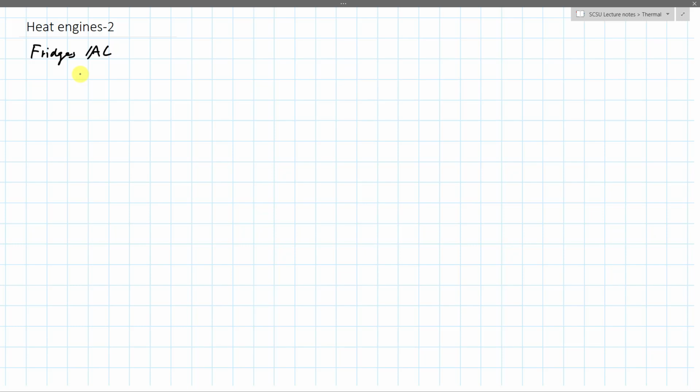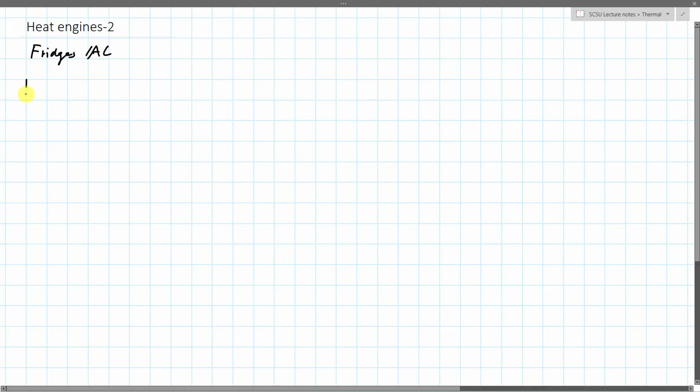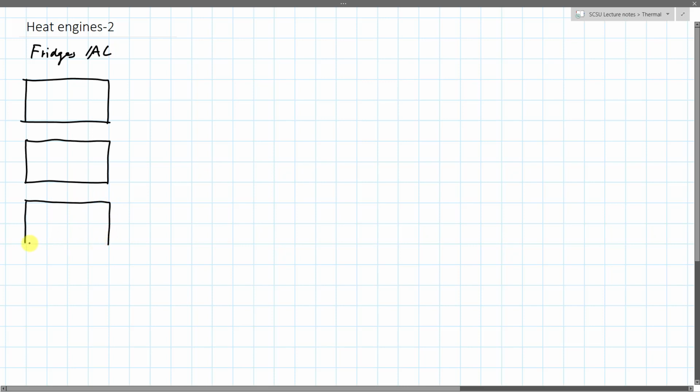Okay, so the diagram is exactly the same, except the directions are slightly different. They're reversed. So let's draw three boxes. The one in the middle is the heat engine, and the top one is high temperature source. This bottom one is low temperature source.